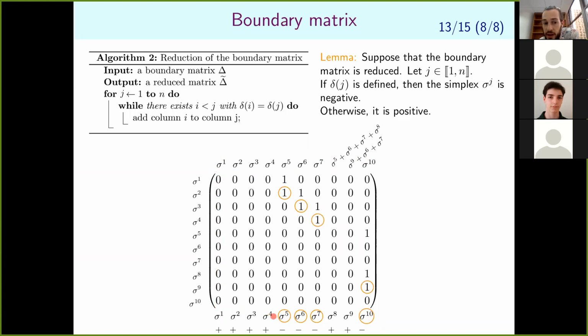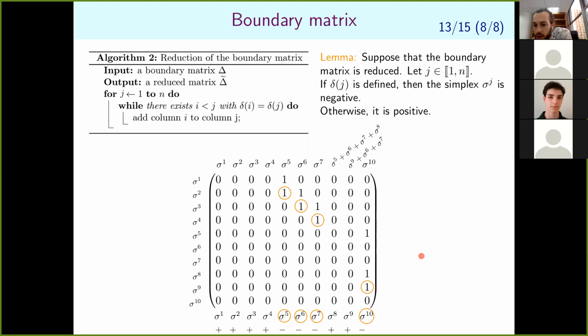If your simplex has a non-zero column, then it is negative. Okay, so here I can deduce that sigma 1 up to sigma 4, sigma 8 and sigma 9 are all positive. And the other ones are negative. And that's it. Now we know easily which simplices are negative and positive. And we can use the incremental algorithm.